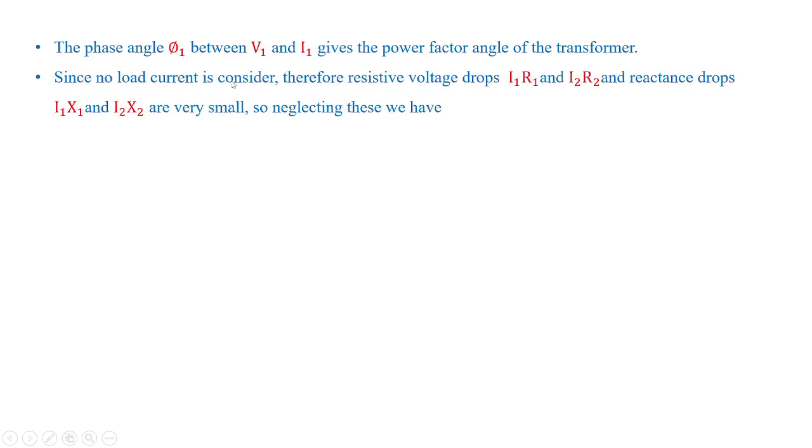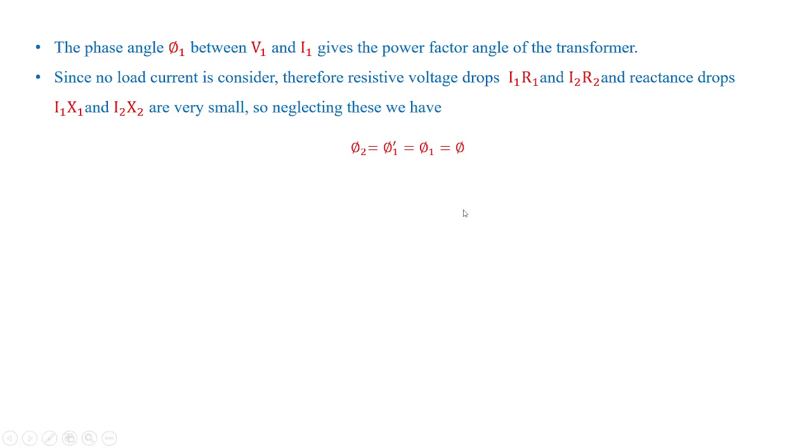When the no load current is considered, the voltage drops associated with it will be I1 R1 and I2 R2 for the real components, and the reactance drops will be I1 X1 and I2 X2, which are very small compared to I1 R1 and I2 R2. If we neglect these values, and the total flux, or the main flux of the transformer, is maintained as constant, we treat it as phi.